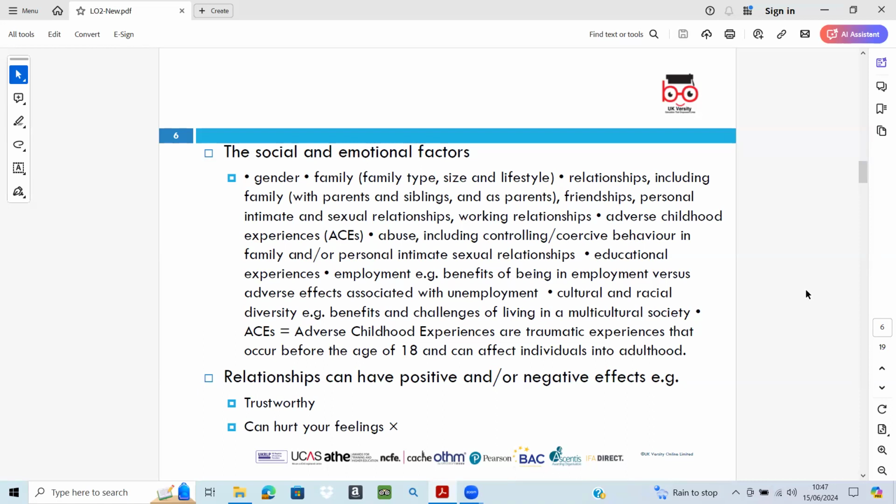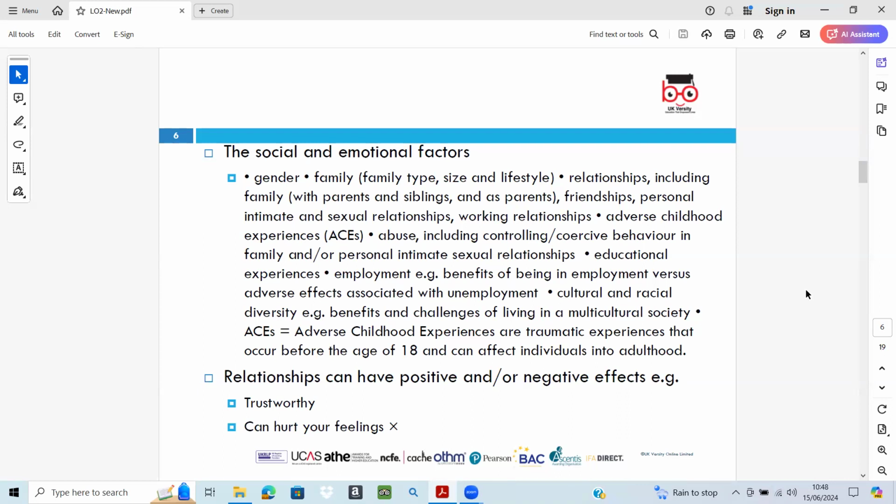Then we have ACEs. These are adverse childhood experiences, and these are traumatic experiences that occur before the age of 18 and can have long lasting effects into adulthood. If we talk about the types of adverse childhood experiences, it includes physical, emotional, or sexual abuse and neglect.